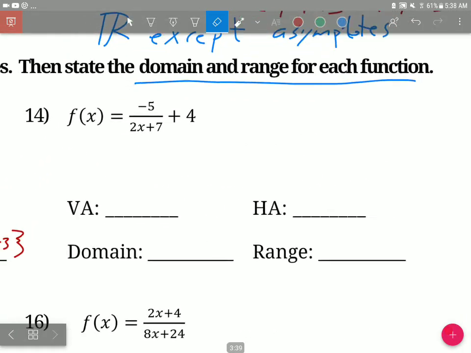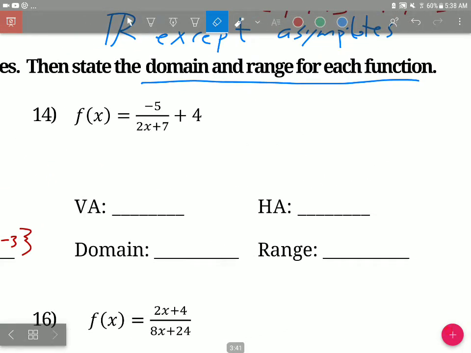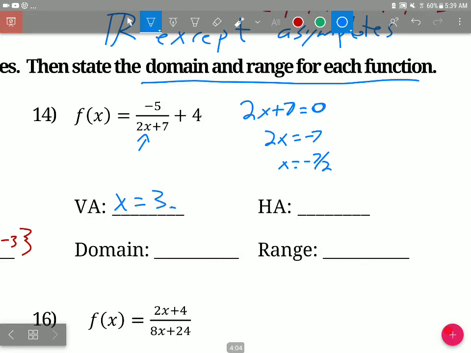So, number 14. I want to know what x will give me a 0. So I'll say 2x plus 7 equals 0. Subtract the 7, divide by 2, negative 7 over 2, which is what? 3.5? So x equals negative 3.5, actually.